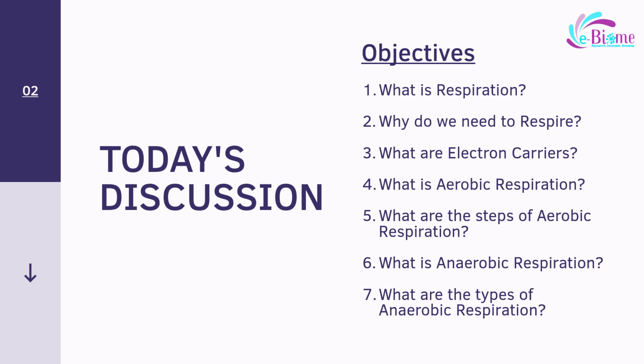Why do we need to respire? What are electron carriers? What is aerobic respiration? What are the steps of aerobic respiration? What is anaerobic respiration? And what are the types of anaerobic respiration?